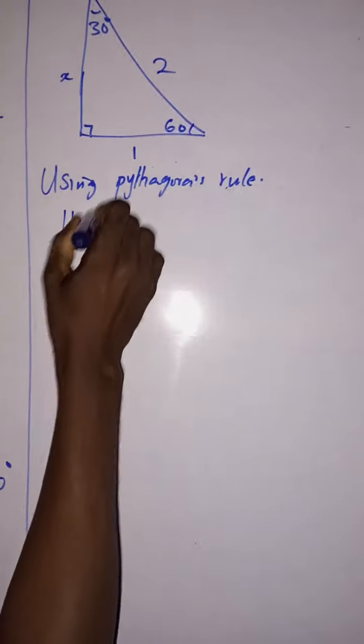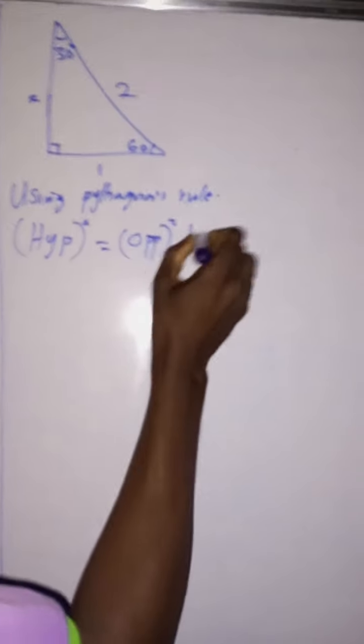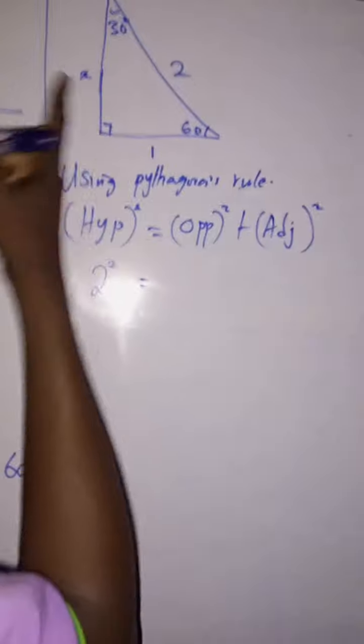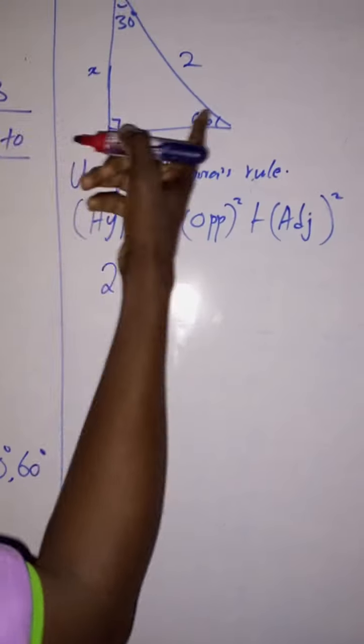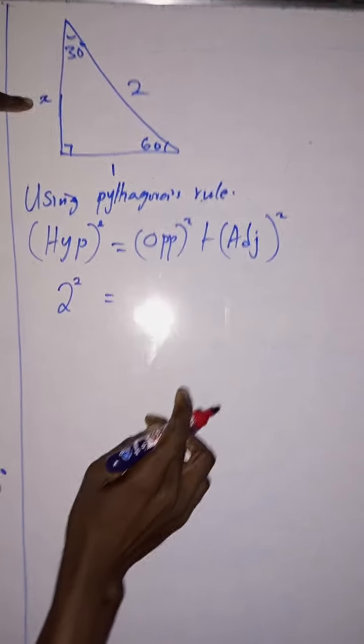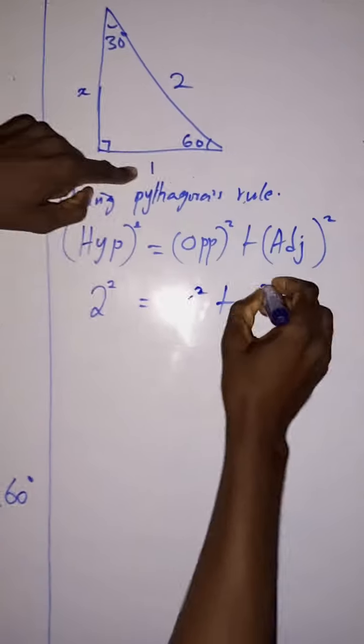That is, hypotenuse squared is equal to opposite squared plus adjacent squared. Now my hypotenuse is 2, so it will be 2 squared, which is equal to my opposite, which is x squared, while my adjacent will be 1 squared.